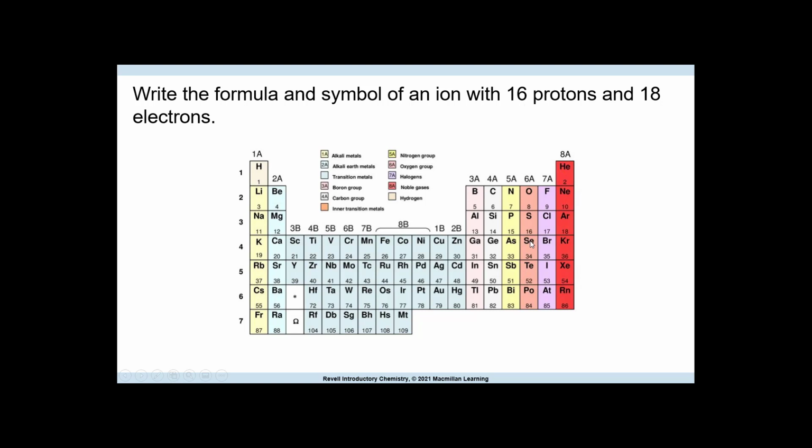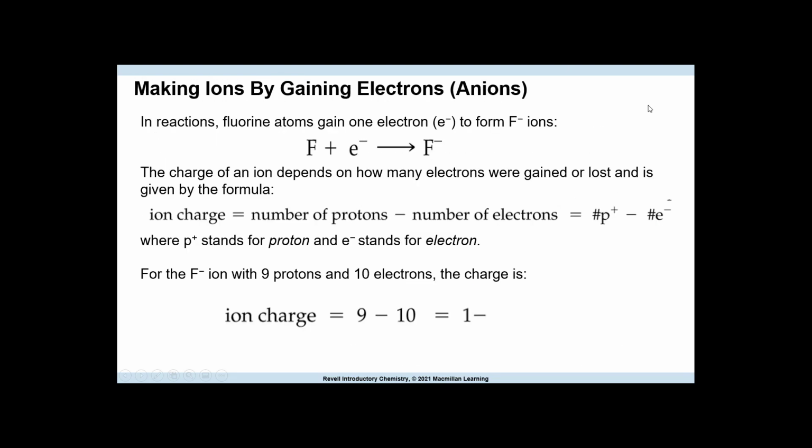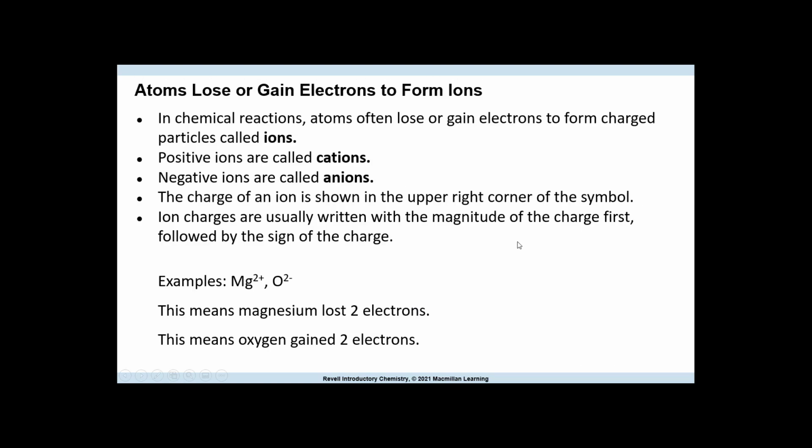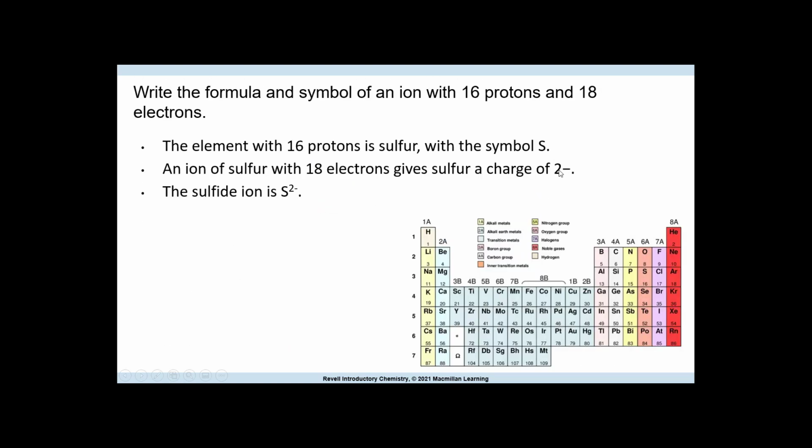So if we're dealing with 16 protons minus 18 electrons, let's take a look. Remember that here, for ion charge, protons are first, electrons are last. So if we do 16 minus 18, that gives us a -2 charge, or 2 minus charge, because we now have more electrons than protons.